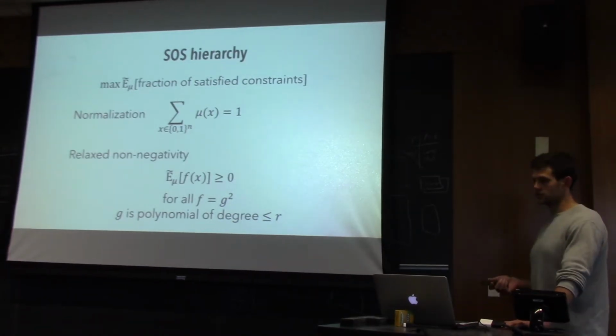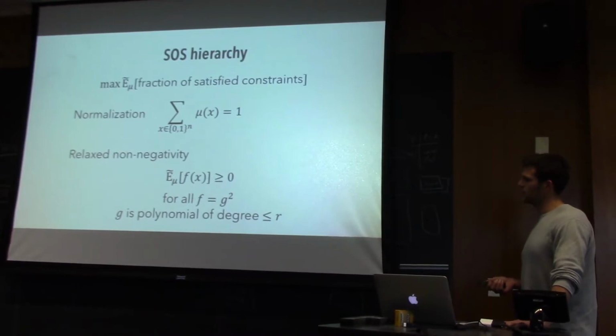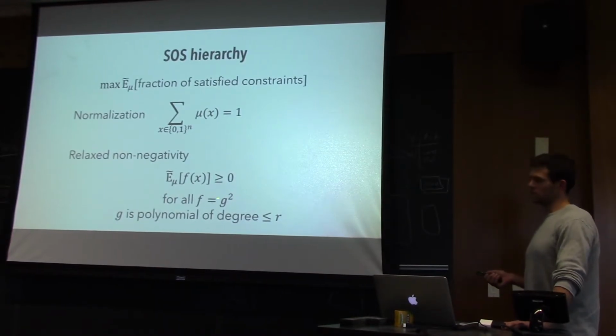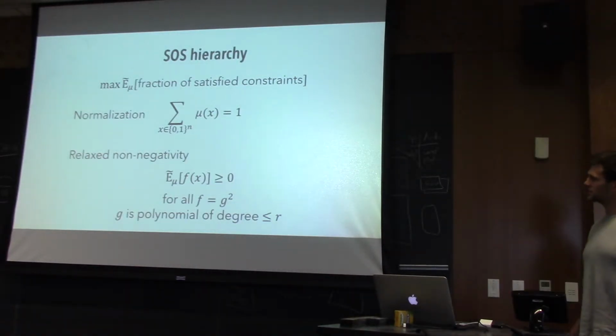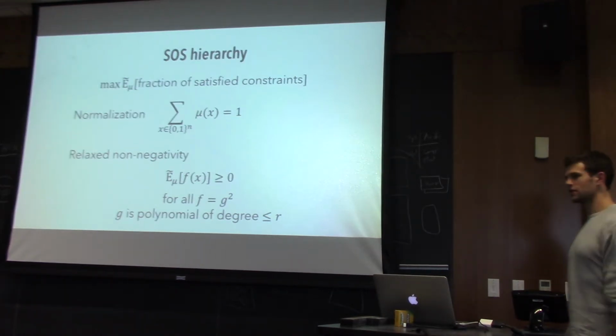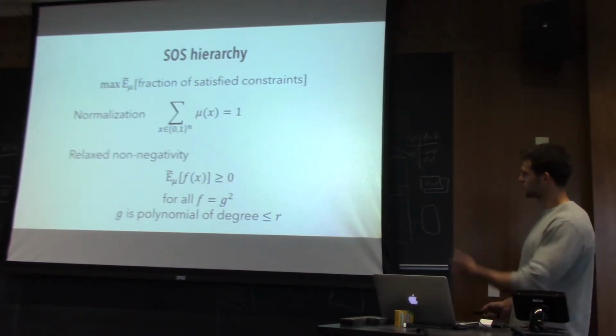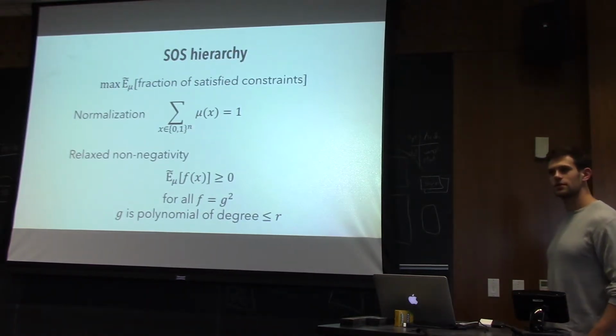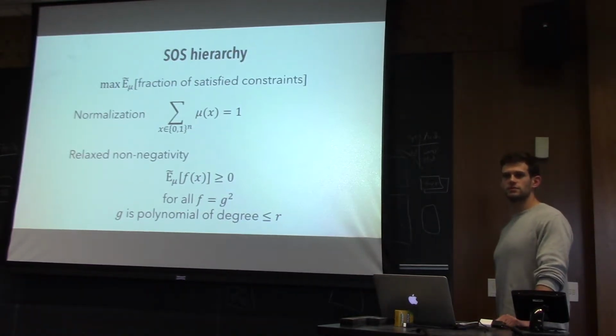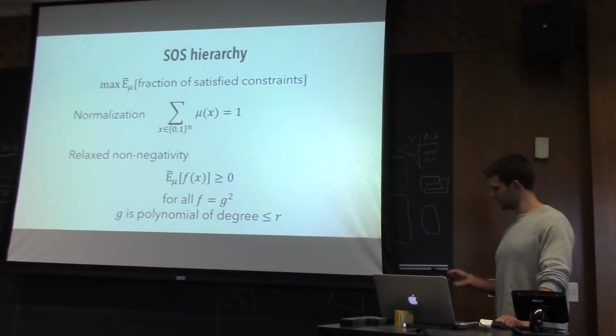If I give you this pseudo expectation and you want to see if it's actually a real thing, you might see if it behaves right on squares, which should be positive. You throw all these squares of polynomials at it, and if you say, I looked up to degree r and can't break it, then this is what you're looking for. Does this definition make sense? All right.